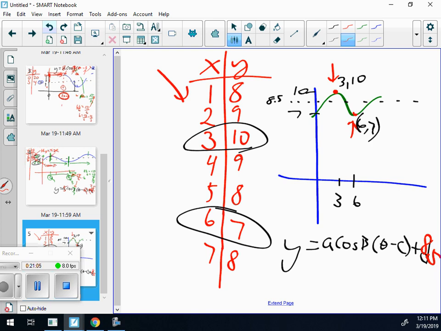You're trying to find A for me. How'd you get it? I like that way of saying it. Okay, so go from there to there, and that was 1.5. So you're saying I should put a 1.5 right there, right? Okay. All right.